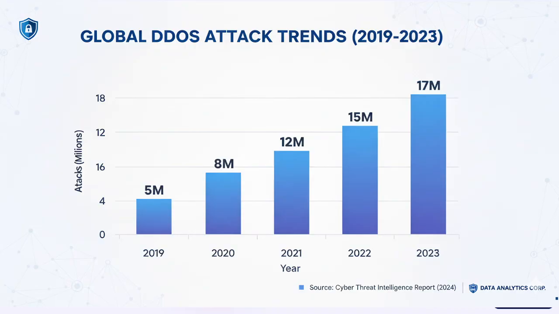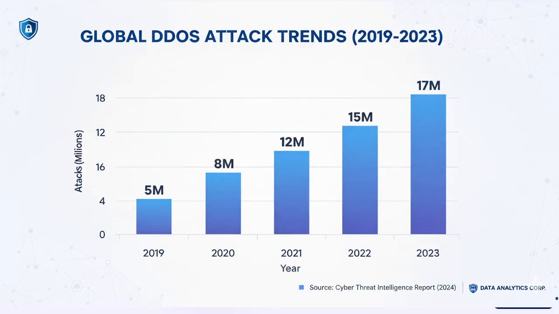Let's look at some numbers. This chart vividly illustrates the alarming global trend of DDoS attacks from 2019 to 2023 based on the data from the Cyber Threat Intelligence Report. Starting at 5 million attacks in 2019, we see a consistent and significant increase year over year.